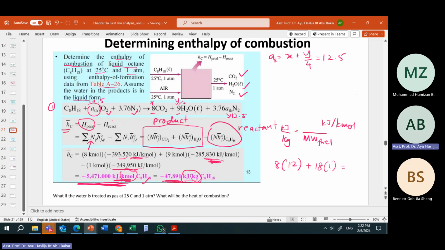Each of the HF, different thing. If the water is in gas form, so value sini akan jadi lain. Sini tadi liquid kan.